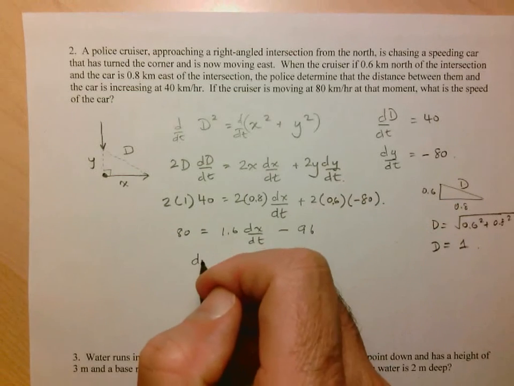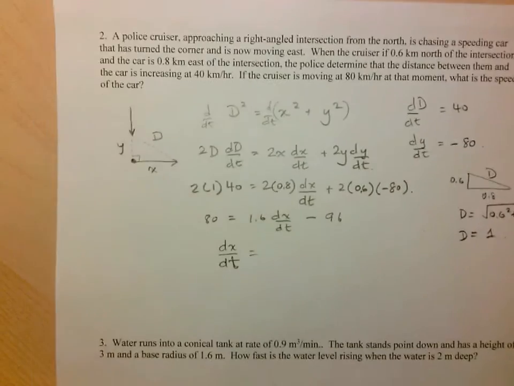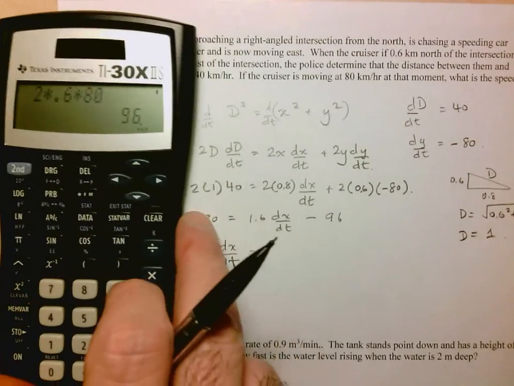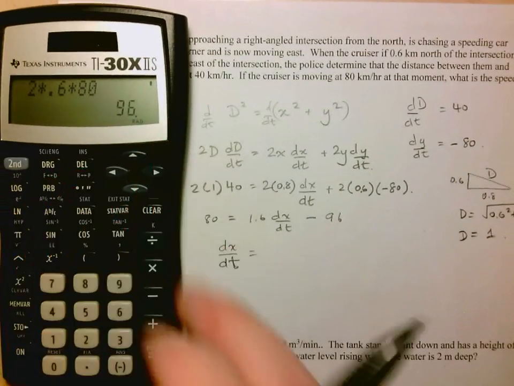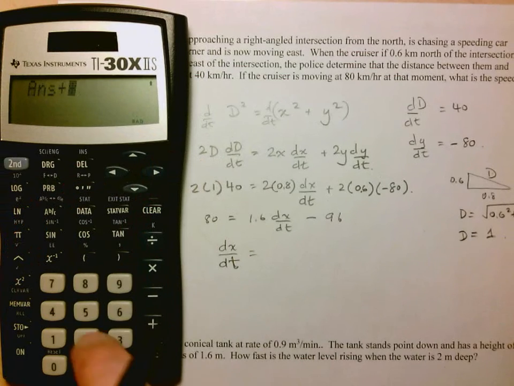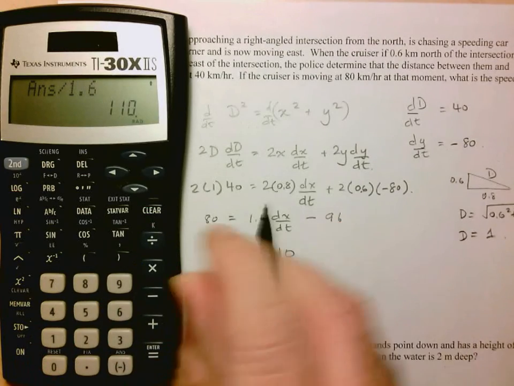Here, dx/dt. Let's calculate that. That 96 will come to the other side, so 96 plus 80 is equal to 176, divided by 1.6. And we get 110.